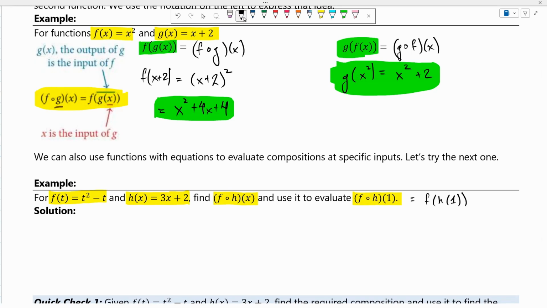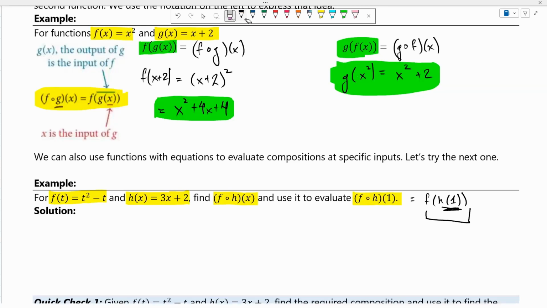This is perfectly fine. If you want to find h of 1 first, and then grab that output and stick it into f, you'll get the same answer. No problem. But sometimes we want to completely reduce it and avoid the hassle of messing with two functions. We just want to mess with one.